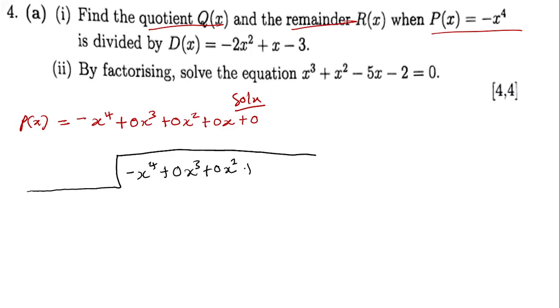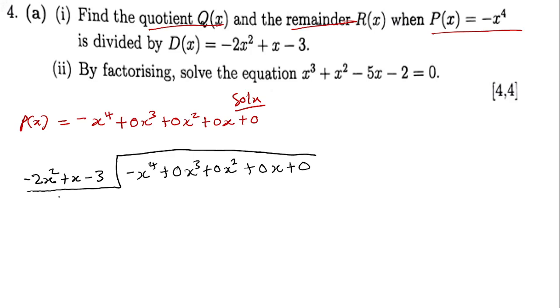Then for outside there, what I can do is I can write negative 2x squared plus x minus 3. So this is what I have.